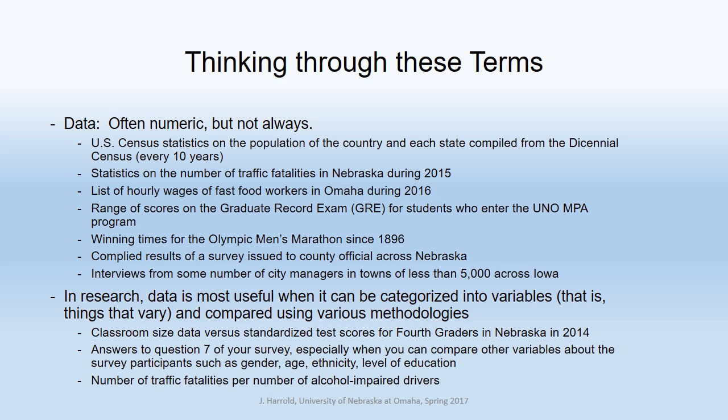The simplest one being the population of the United States, the official population of the United States and its subunits. That would be states, counties. And so when you look up that data, you will see, yes, here's the official population of the United States in 1980, 1990, 2000, 2010. So that's data.